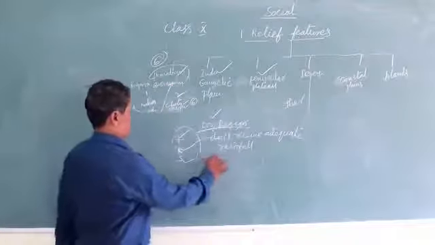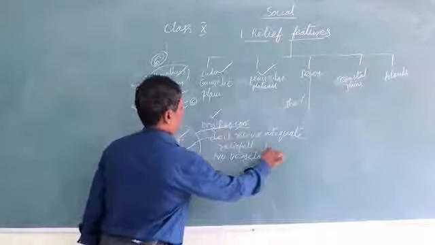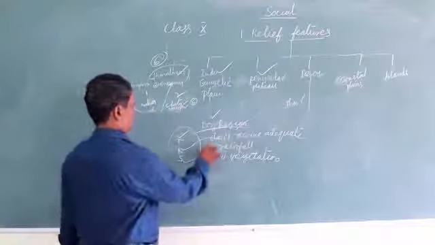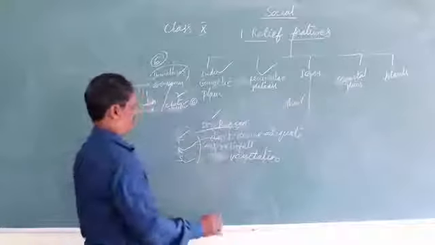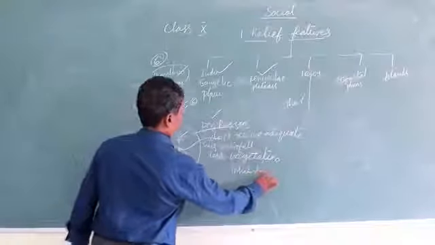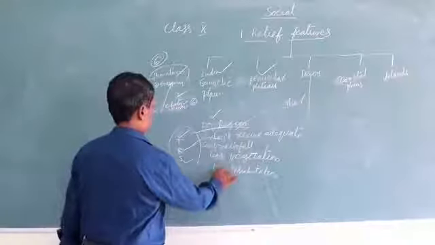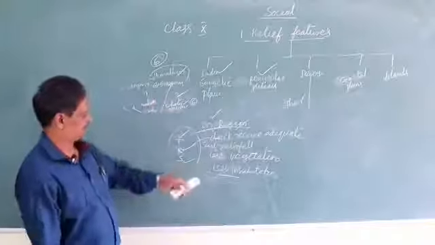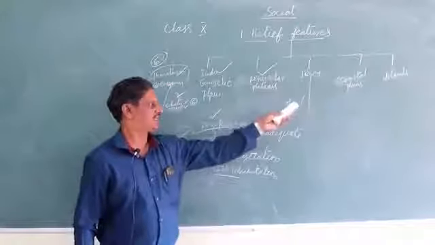There is no vegetation, no forest area. That is scanty rainfall and less vegetation. Human inhabitation is also low, so this is the nature of a dry region, that is desert.